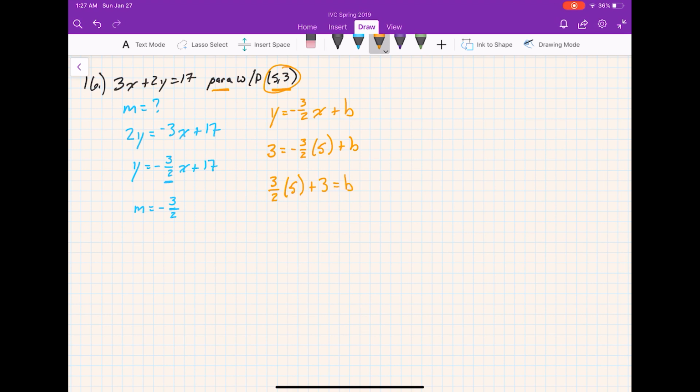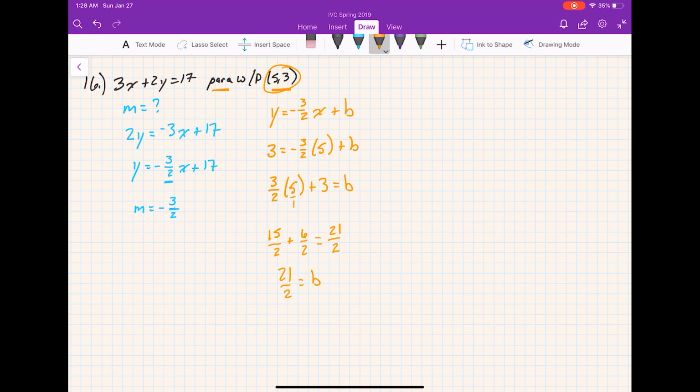Now we need to do the multiplication here: 3 times 5 is 15 over 2, plus 3 over 1, that would be 6 over 2. And so that's going to be 21 over 2. So our b value is equal to 21 over 2.